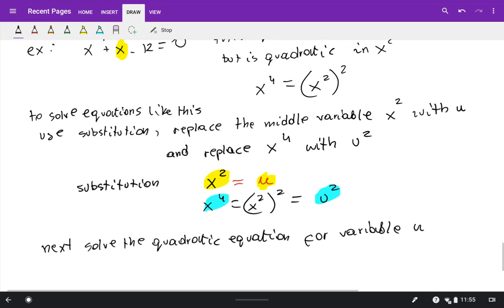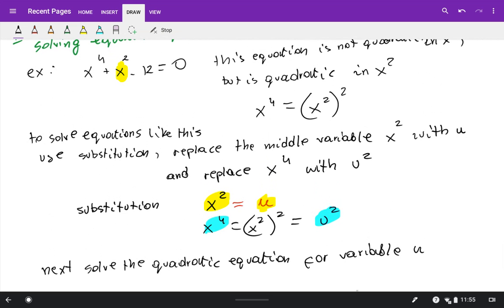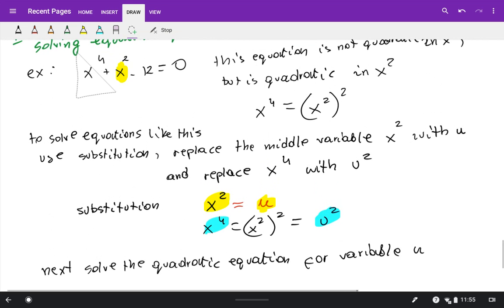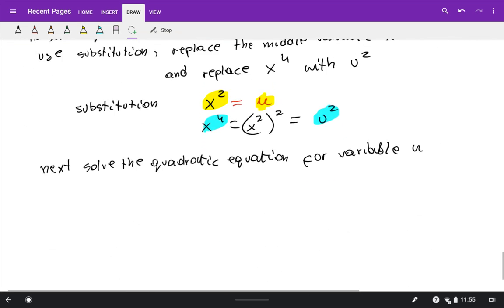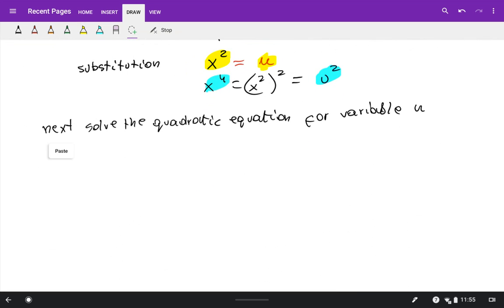So this is what I refer to. So let me just copy our original equation. Copy, paste. x to the power of 4 plus x squared minus 12 equals 0. We're using the substitution, right?